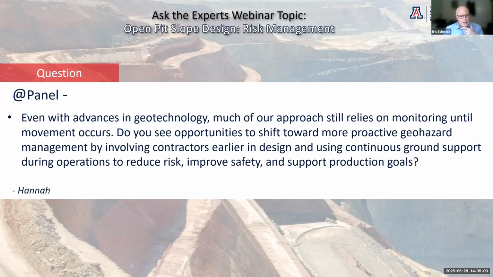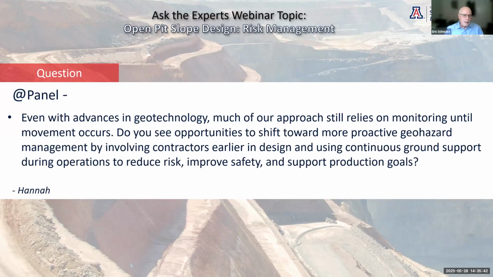Meaning, lots of times InSAR will pick up things, or subsurface monitoring from inclinometers or TDRs or what have you might pick up things before you see deformation at the surface. And so if you have as much monitoring as you can proactively, you may pick that up before movement actually occurs and matters and causes you to change your mine plan or stop a phase or evacuate people, that sort of thing.